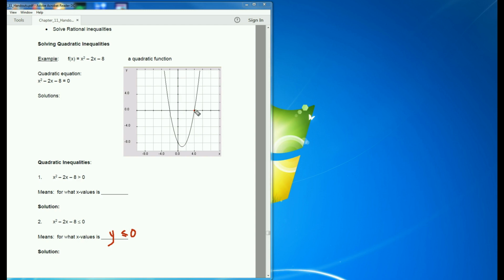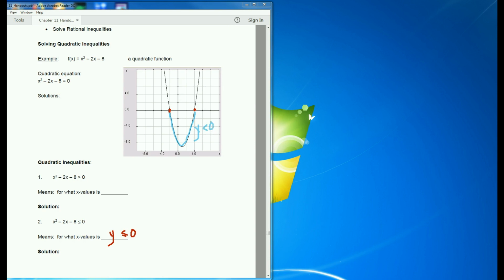Well, again, we already know at this point and this point y equals 0. And then we can also tell just from looking at the graph that for all of these points here, y is less than 0.